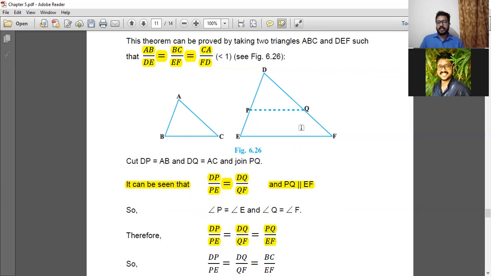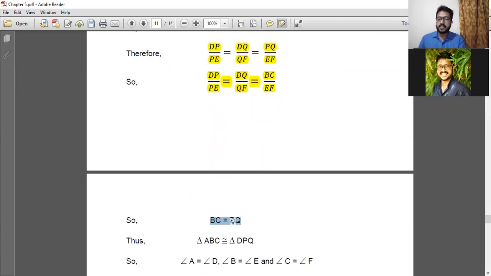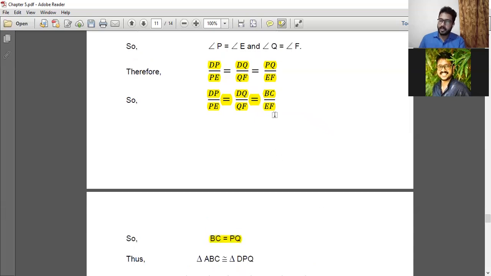As a result, we can write again DP by PE is equal to DQ by QF is equal to BC by EF. Why? Because the lengths PQ and BC should be equal. We can say that BC should be equal to PQ. There is no other possibility.